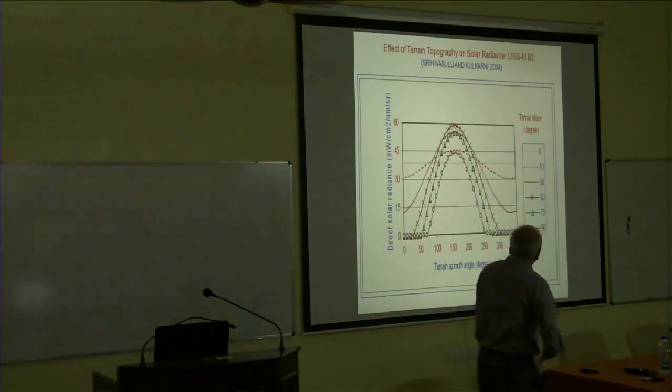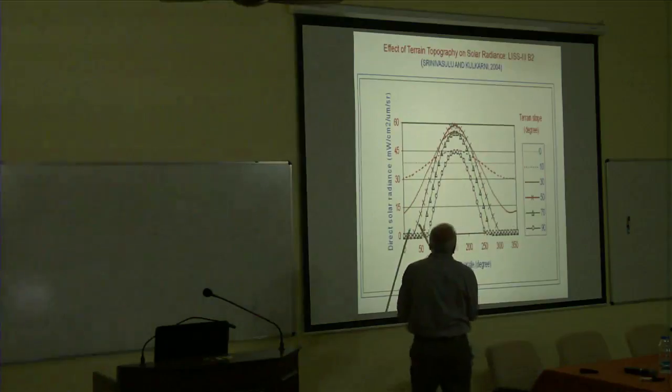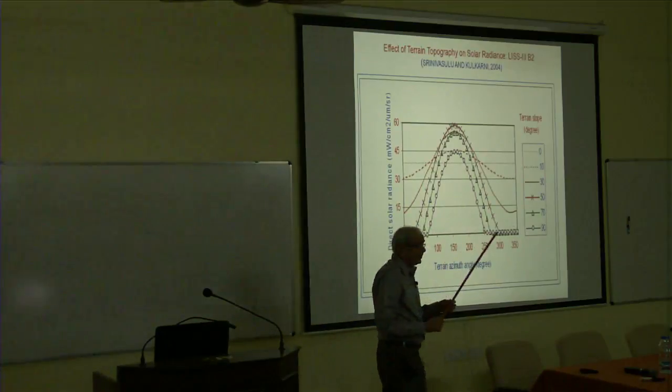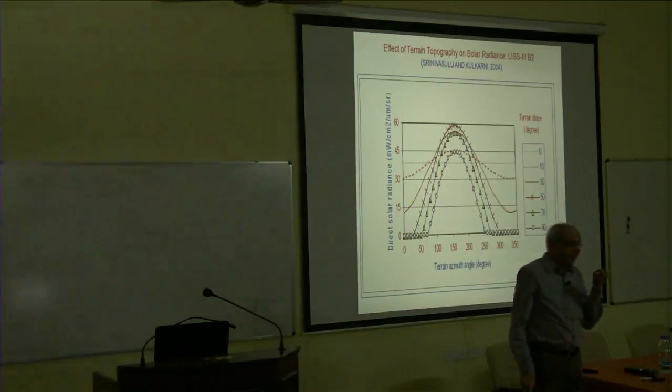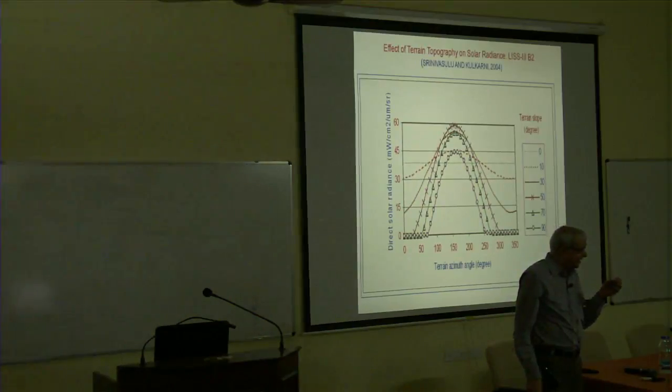You can see from this graph that the amount of energy coming on any surface will be a function of its latitude, longitude, time of the day, time of the season, slope angle, and slope orientation.